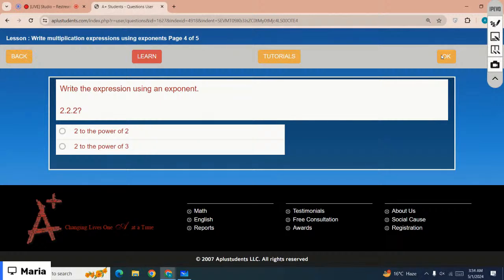The correct option is 2 to the power of 3. The second one is the correct option.